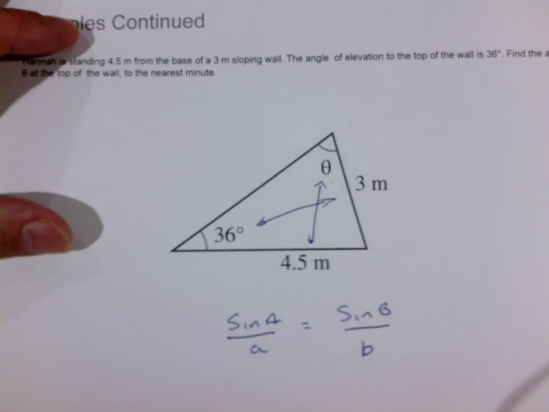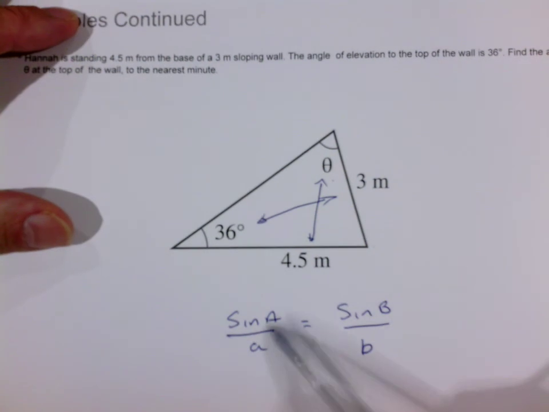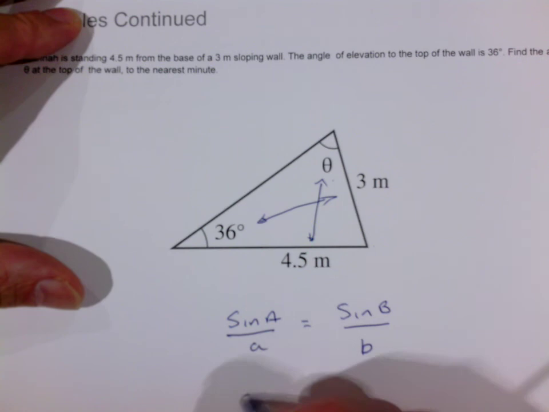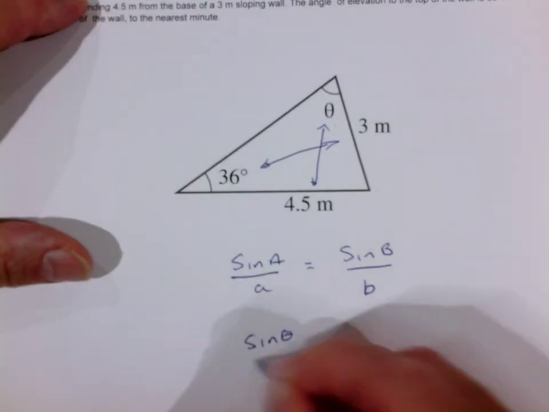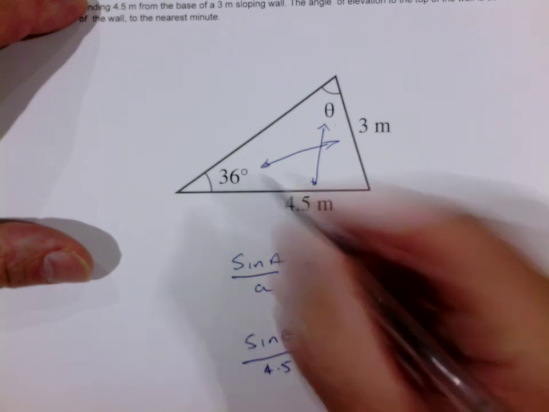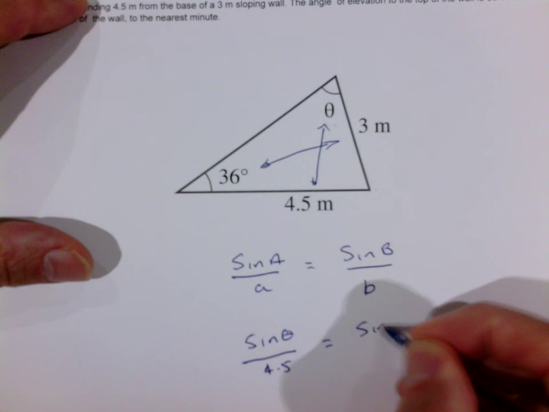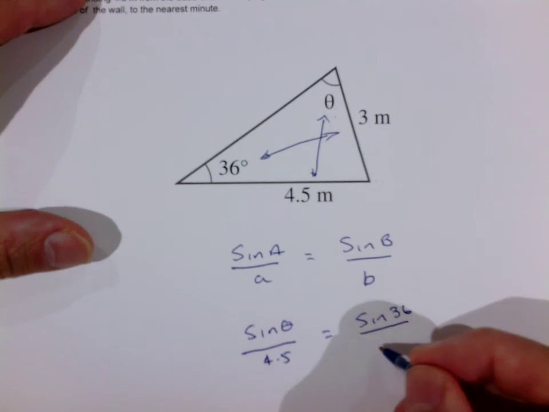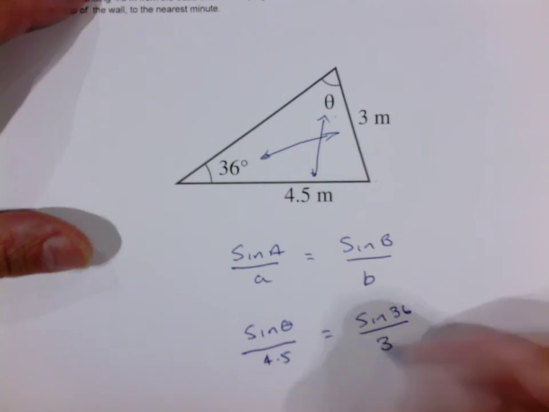Then we start putting in those bits of information. So it's going to be the sine of the missing angle. I always start with the one that's missing. So sine theta over 4.5 equals the sine of 36 over 3.